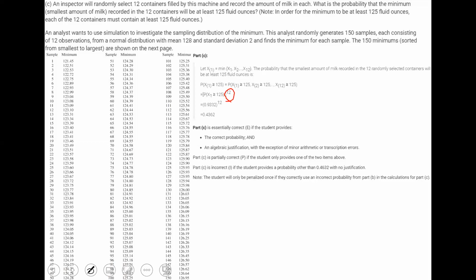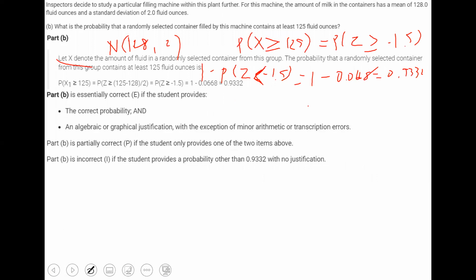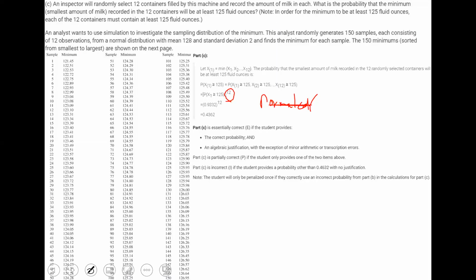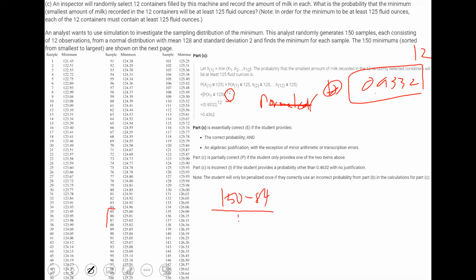So basically what they did here is that they used normal CDF to find, I mean, I think we found it already, right? So they used whatever we used in part B, the 0.9332 as the probability, and then they did it to the 12 because you're finding 12 random things. But then when I did basically 150 minus 84, and then divided by 150, you get 0.44 as well. So if you had rounded it up, it would be the same.